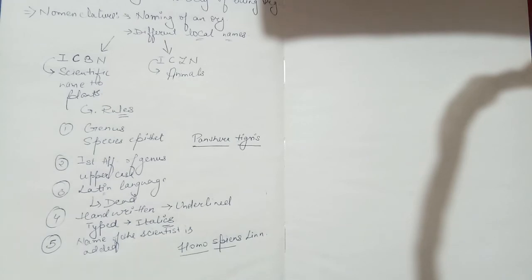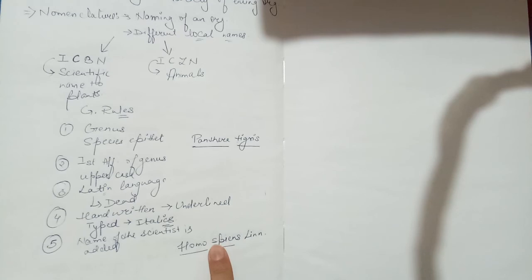One more addition to this rule is that if this name gets modified by any other scientist, the name of that scientist will be added after the name of the scientist who gave the original name.